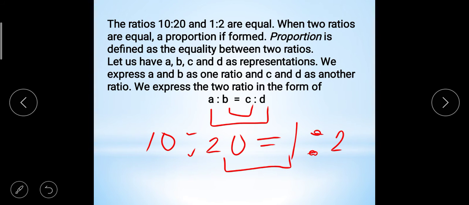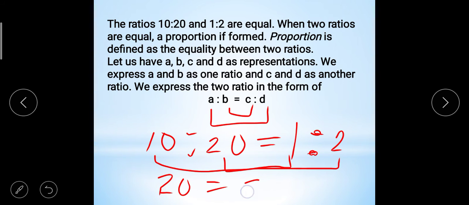So, according to Maurice, the product of our mean, 20 times 1 is 20. How about our extreme? 10 and 2. Nicole. 10 and the product of our extreme. 20.